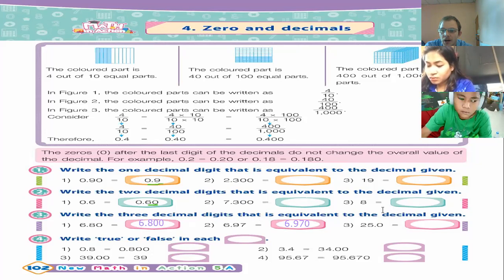And what about the last one? Who can do the last one? What will 25.0 be? Give me 3 decimal digits for the last one at the bottom here. Who can do that for me? Or who wants to say the answer? Who can tell me what is the answer for number 3 here?